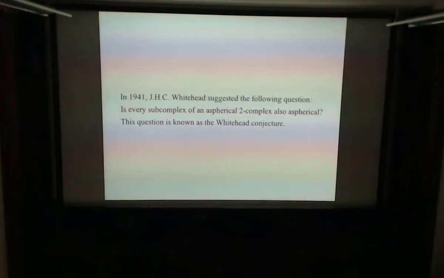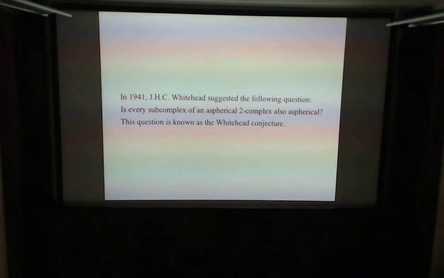I think some people worked very hard on this conjecture, in particular in Germany, several people I know. It was attempted by many people over many years, and still the answer is not known, but there are many results confirming this conjecture under extra conditions, under additional assumptions.